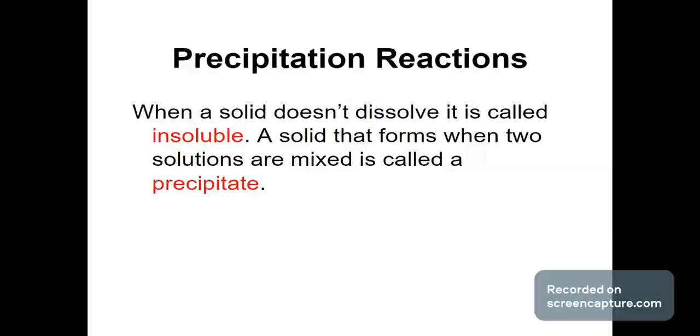Precipitation reactions. When a solid does not dissolve, it is called insoluble, and that solid forms when you have a chemical reaction to be exact. It's called a precipitate. Now, those that do watch the news may look out for rain, snow, or hail. Hail is pieces of ice that look like rocks coming out of the sky, and those pieces of ice will come down and do a lot of damage to people's cars and windows.